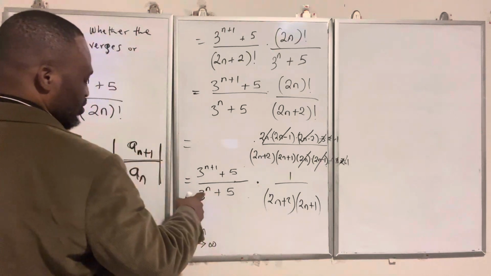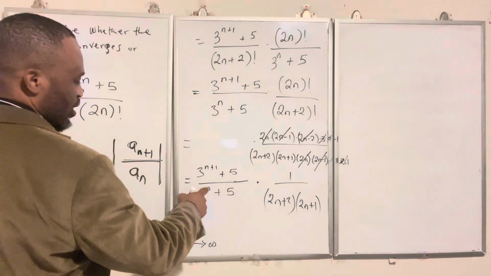The lowest power of n here is 3 raised to the power n.